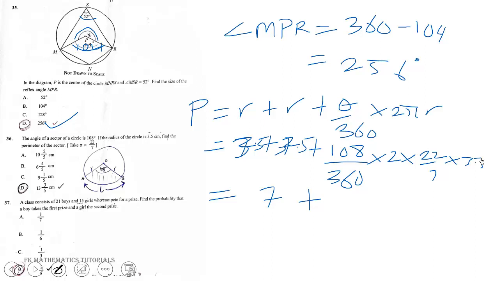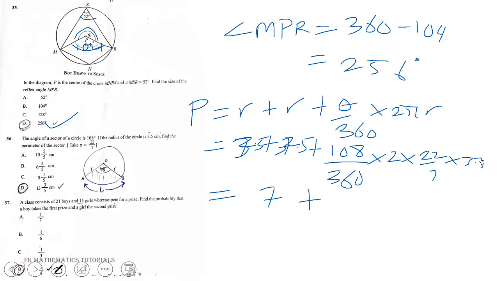108 over 360 and times 2 times 22 over 7 times 3.5.